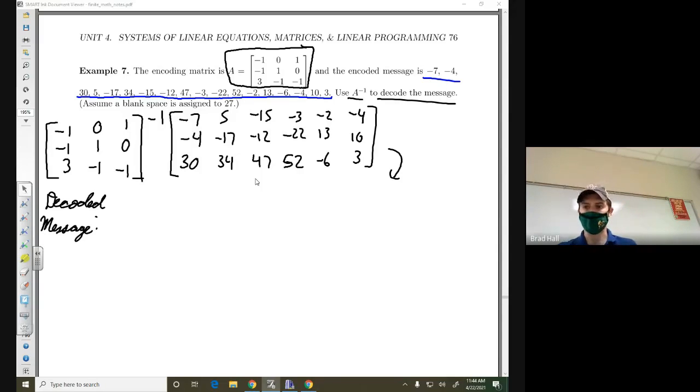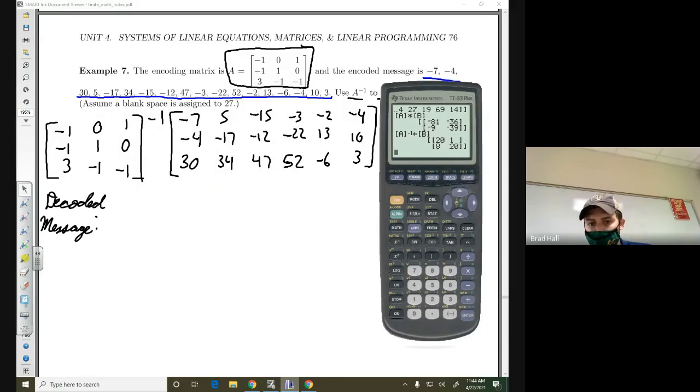Well, first we have to program these 2 matrices in the calculator. Start off with matrix A, which is a 3 by 3 matrix. Okay, so matrix A looks good. Then we'll go to matrix B to plug in that giant matrix. The giant matrix seems to be a 3 by 6 matrix.